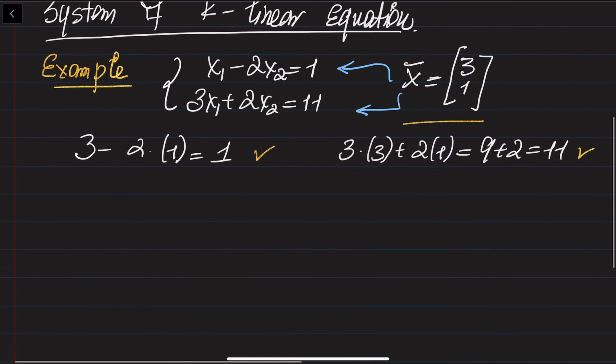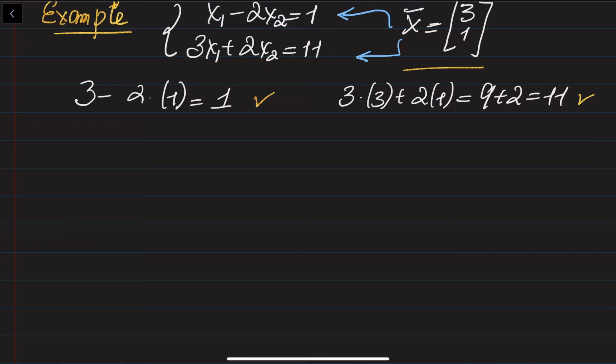So now let's talk about a homogeneous system of linear equations. Whenever we are dealing with a system of linear equations where all of the free coefficients are equal to 0, then this kind of system is called a homogeneous system of linear equations.